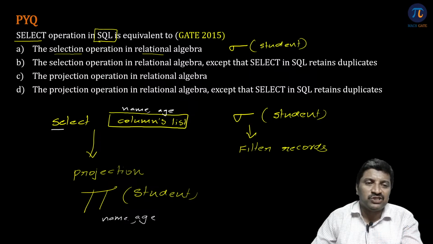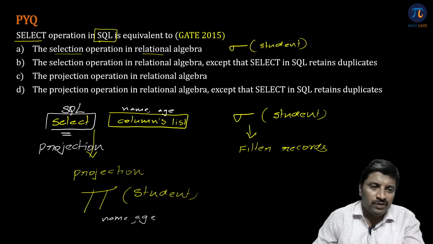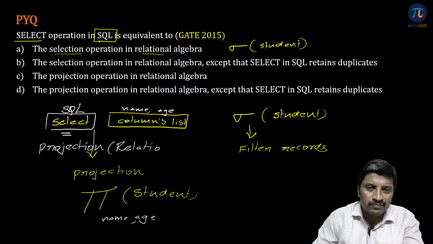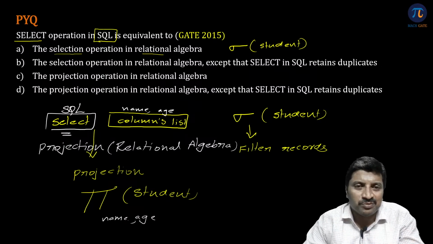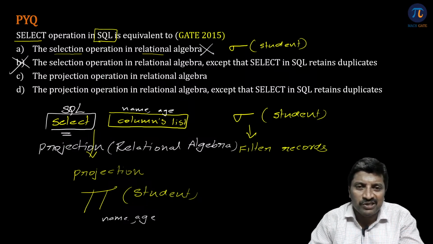So select in SQL is equal to projection in relational algebra. Then let us see the remaining options. The first one is not correct, sir. The selection operation is also not correct.